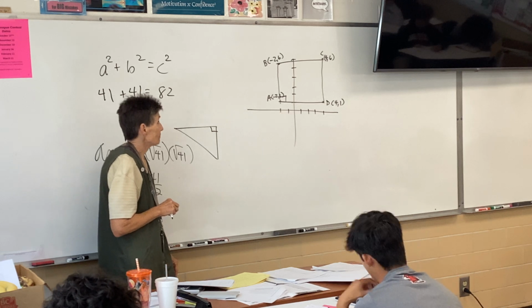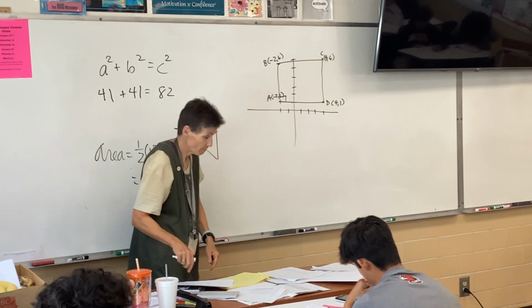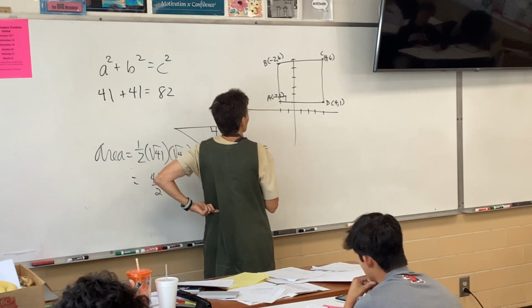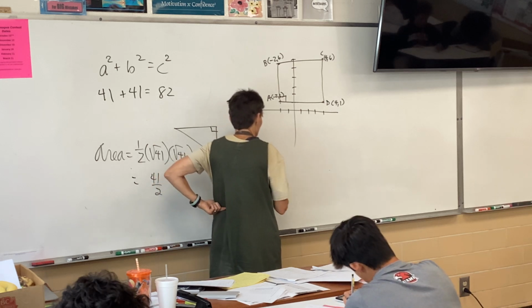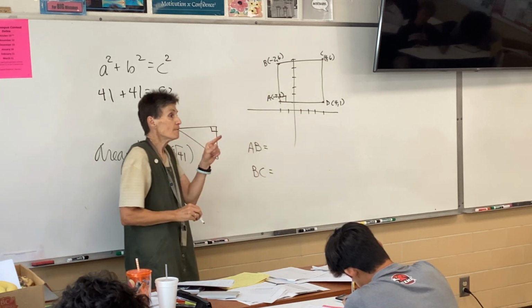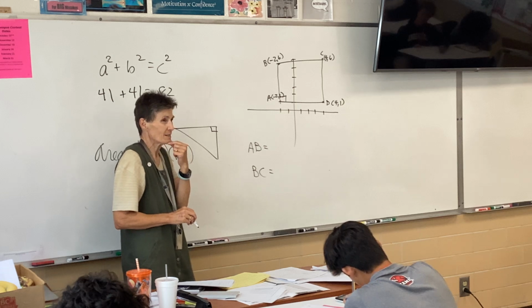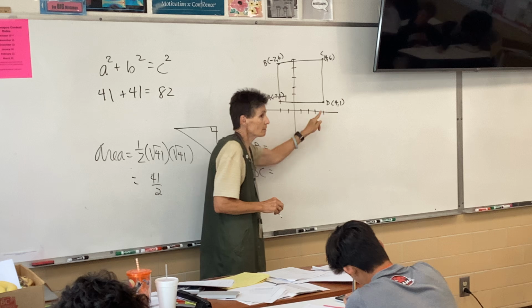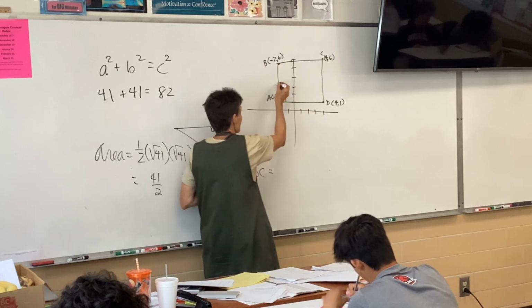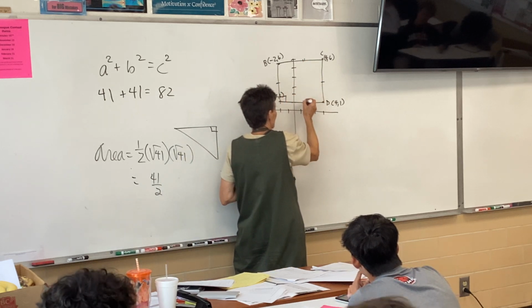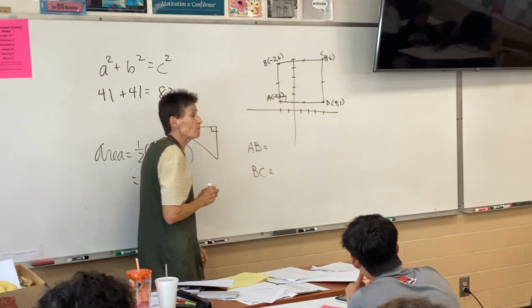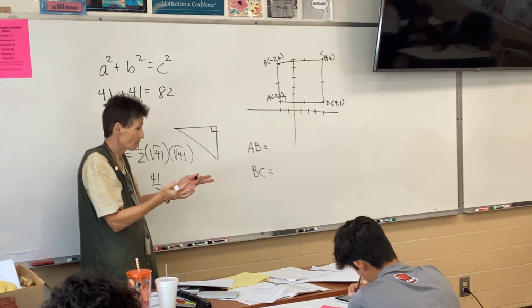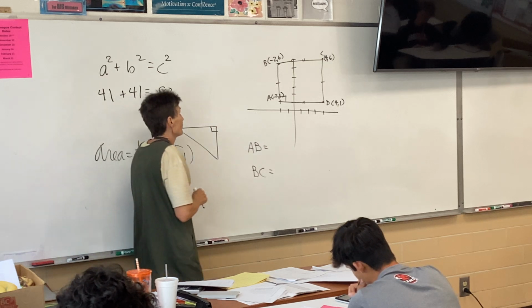All right, let's find perimeter. So we need AB and BC. If you have already figured out that it's a rectangle, do we really need to find all 4? Because we know these two are gonna match and these two are gonna match, right? So if you wanna go ahead and find all 4, that's fine. That would be a good check. But you don't need to.